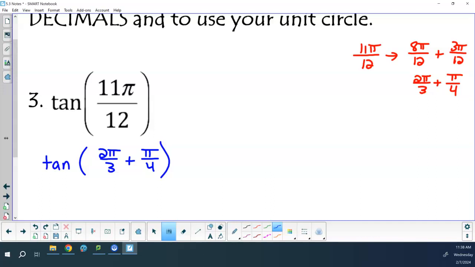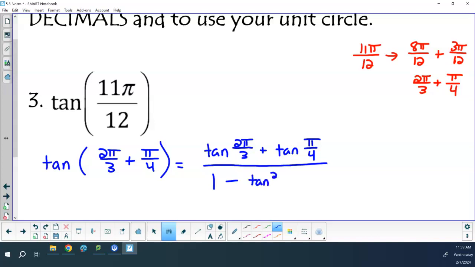So the tangent formula, which is number 20, I believe, on your sheet, says this is going to be the tangent of 2 pi over 3 plus the tangent of pi over 4, all divided by 1 minus the tangent of 2 pi over 3 times the tangent of pi over 4. Yes? Okay.